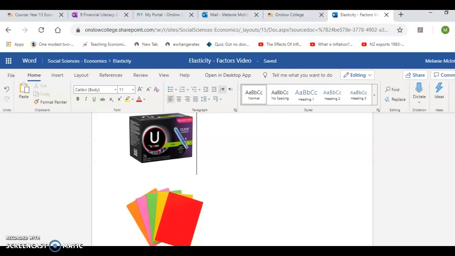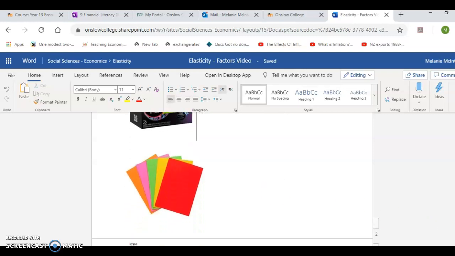Paper, however, is actually used by a lot of people. When I talked about different customers, the government, different businesses, consumers, it could be the type of product that's used by lots of people for different uses, like for work, office stationery, drawing on, making craft products, that type of thing.